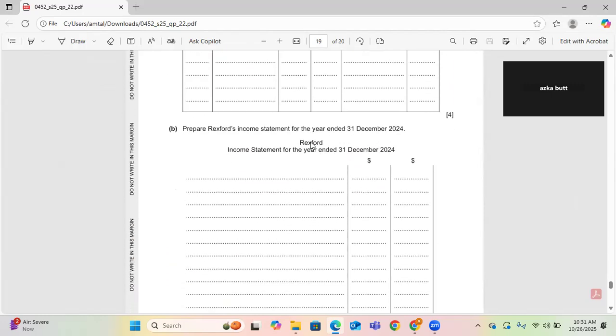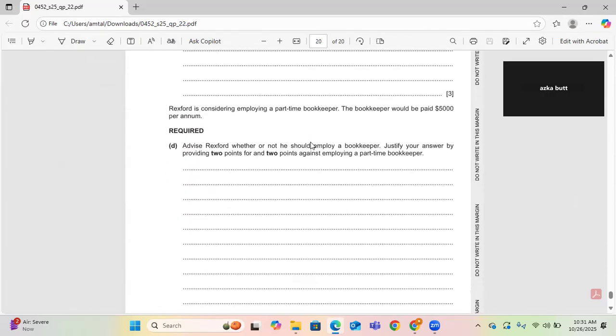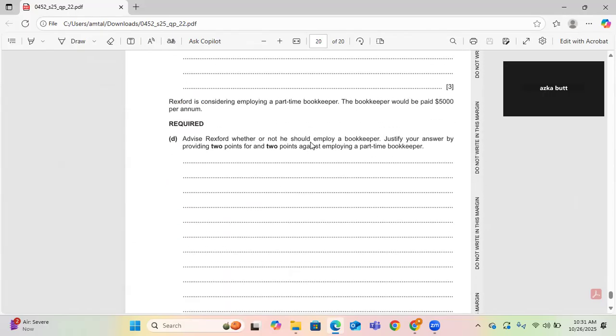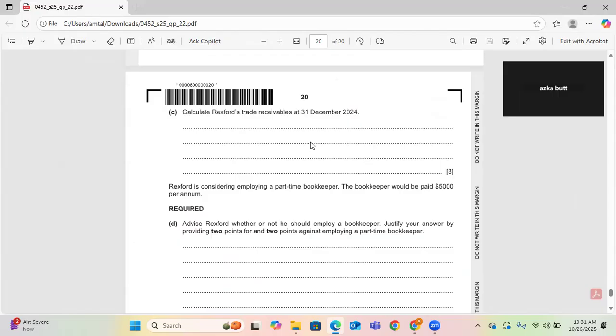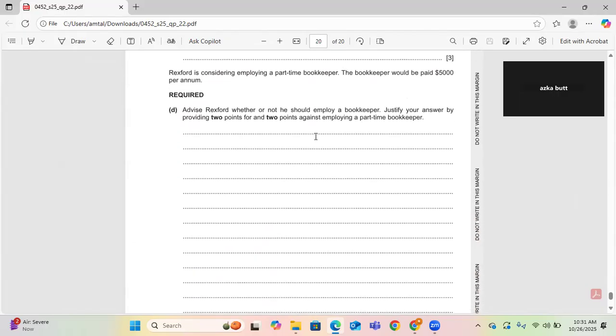Then we need to prepare the income statement, and after that there's the C part, where we need to find out the trade receivables, and then the D part, where we need to advise whether Rexford should employ a bookkeeper. We need to write 2 points against and 2 points for Rexford, and that's it.